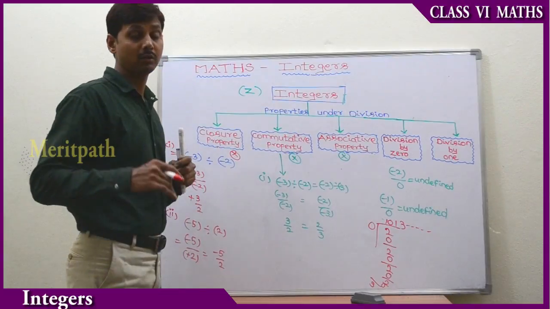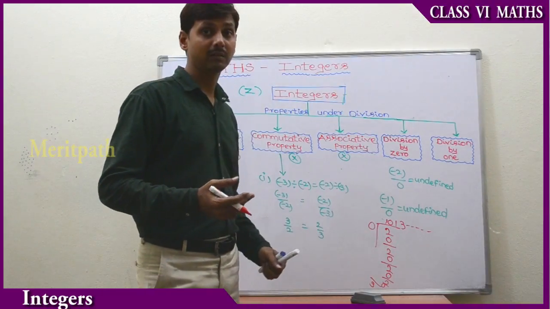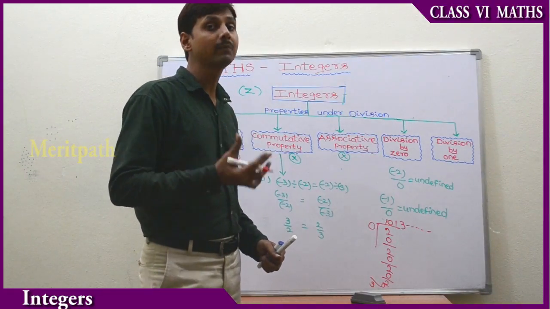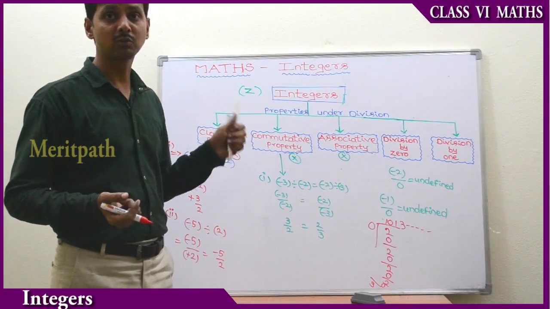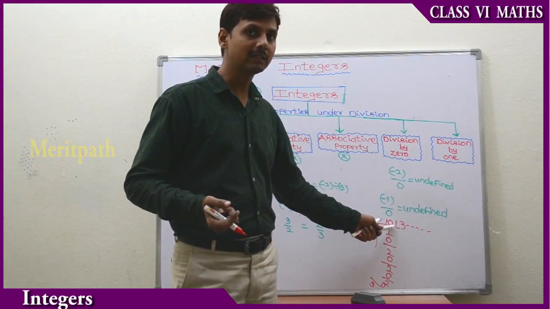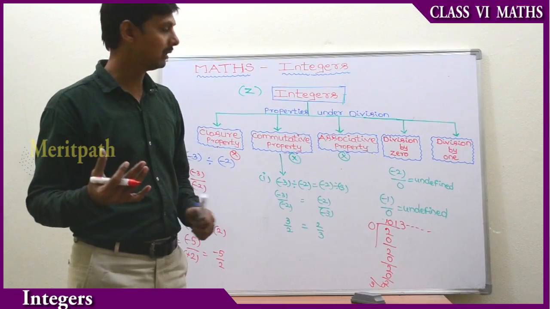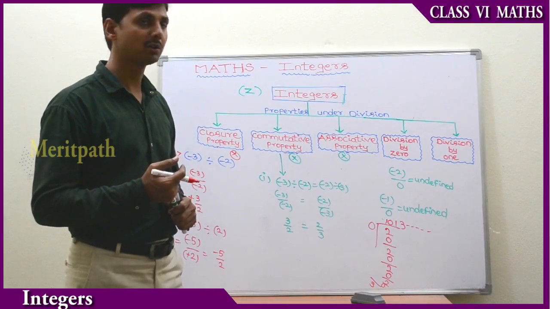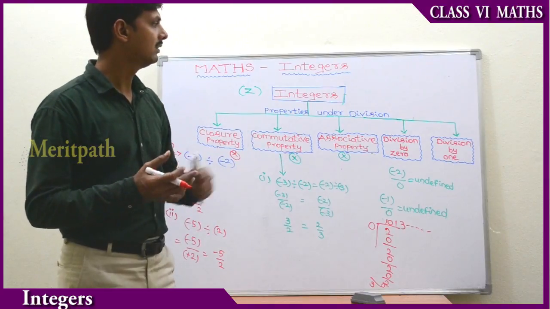And what is the dividend? The number present, the same number we are getting. We are not getting the remainder as 0. So it is not possible to divide, because when we try to divide, we are getting infinitely many numbers as divisible. So it's not possible to divide. That is the reason we call it undefined.